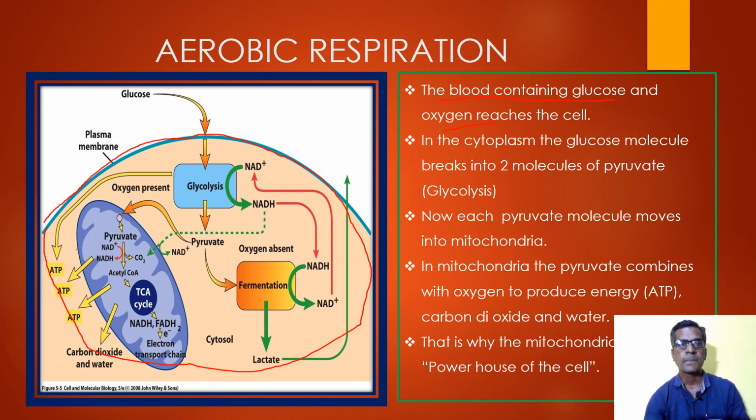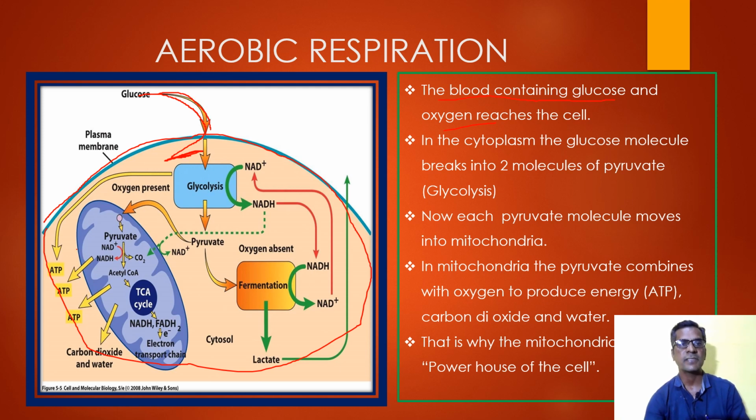The blood enters the cell. The blood contains glucose and oxygen. Now this glucose molecule enters the cell through the plasma membrane and reaches the cytoplasm, the fluid content which is called the cytoplasm.